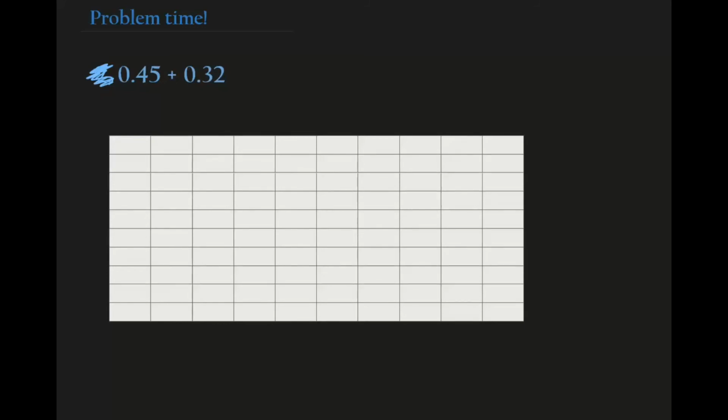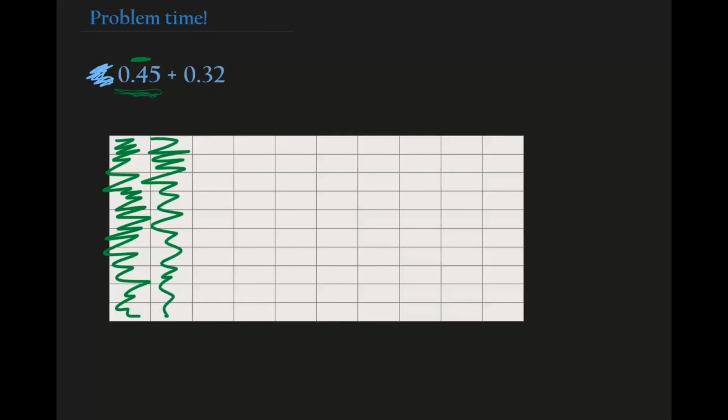This time I'm going to use green for 0.45. So I'm going to underline that in green just so I remember. Okay, so let's do this. So we have 0.45. That means 4 in the tenths place. That means we're going to shade 4 complete columns. So we have 1, 2, 3, and then 4.